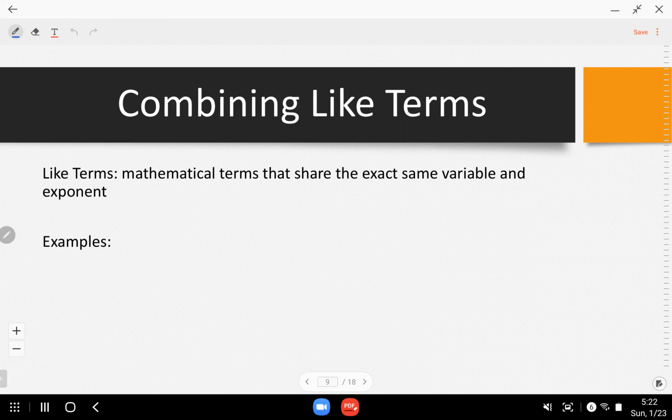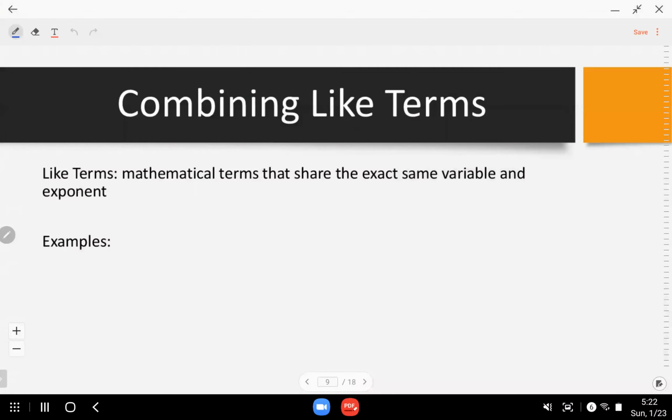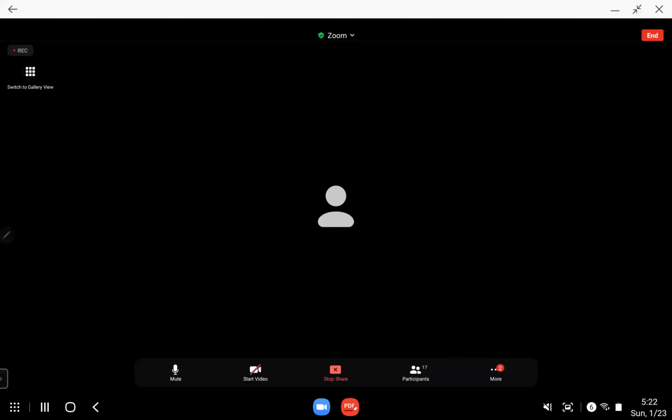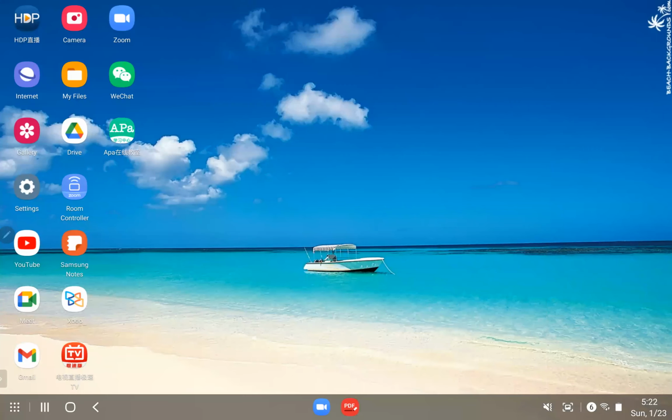They share the exact same variable and the exact same exponent. So 2y plus 3y, very good. So in our like terms here, we have 2y plus 3y, and everybody else, please show me some examples of like terms in the chat. So far we have 2y plus 3y. Very good, whoever said that. Okay, we had 2x plus 2x. Very nice.